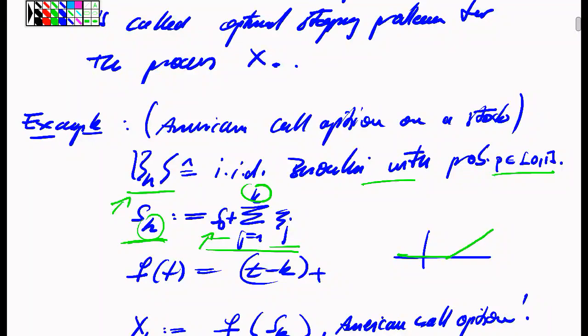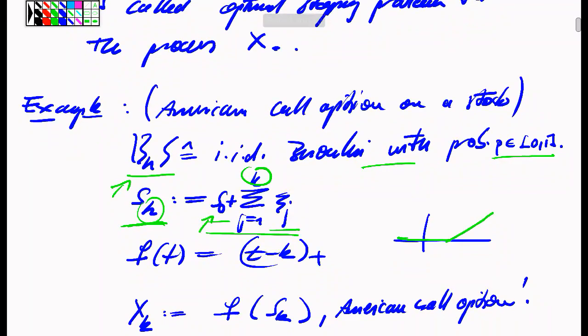So k stands for the time when we want to evaluate this stock price. This is just a random walk, in effect, with up and down movements with individual probability p or 1 minus p respectively.